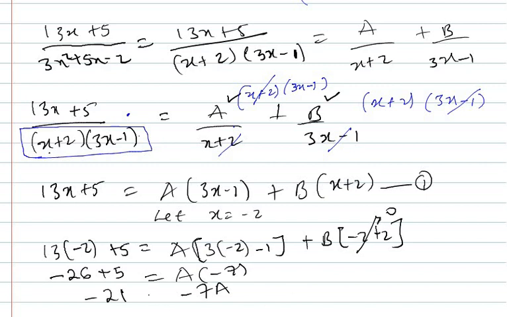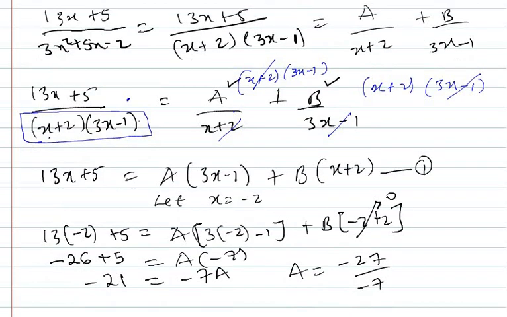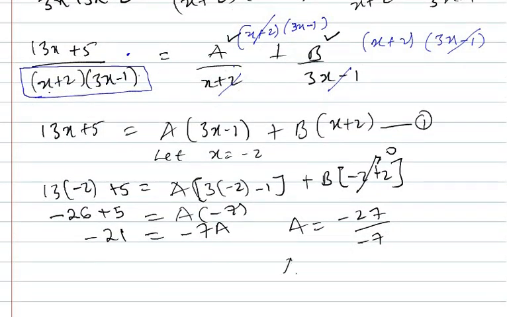Then A is equal to minus 21 all over minus 7. A should be equal to positive 3.